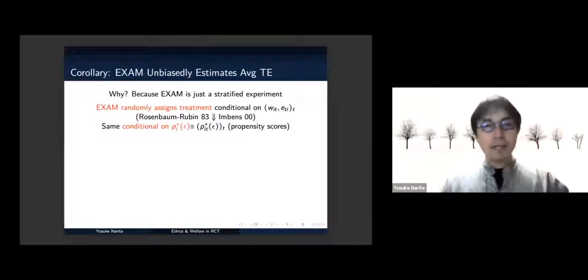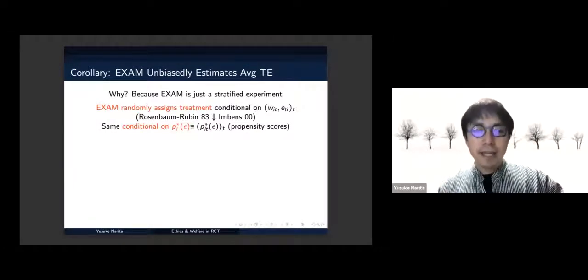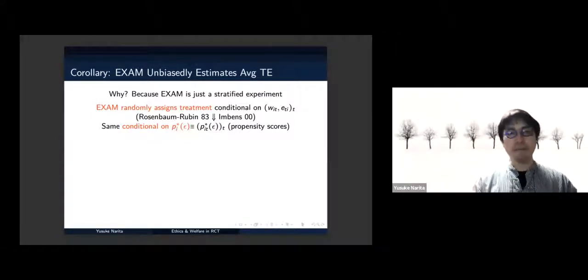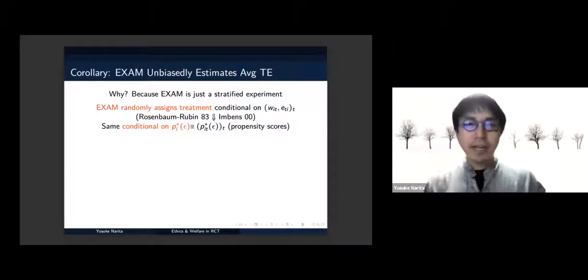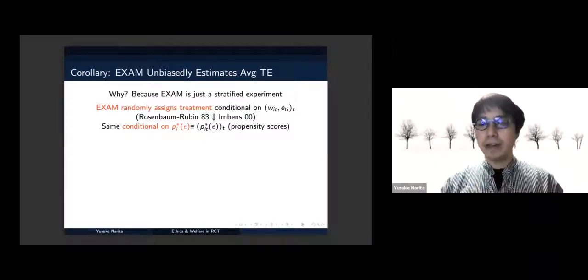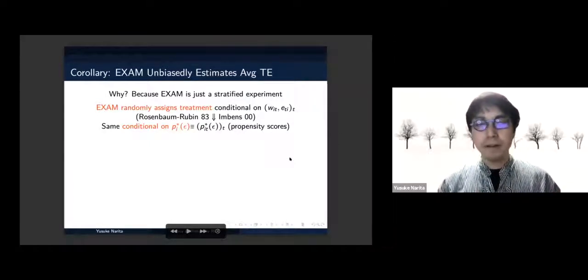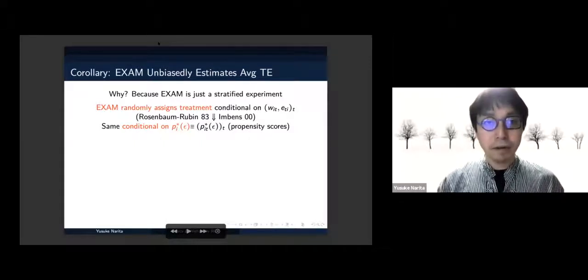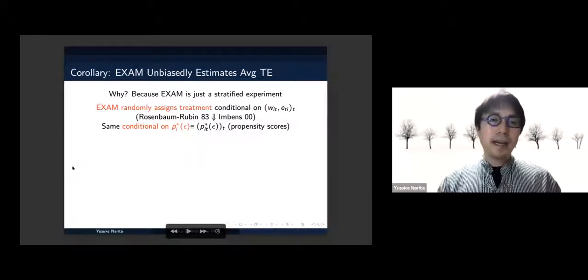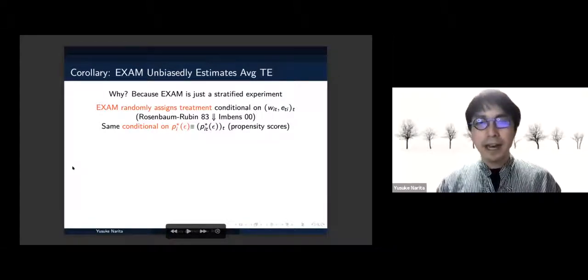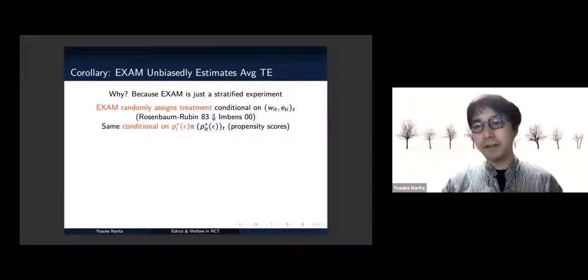The simplest possible answer is that at the end of the day, EXAM is just a particular stratified experiment, stratified on observable characteristics, especially the willingness to pay W and the predicted effect E. So in EXAM, treatment assignment is not based on a coin toss, but rather based on some utility maximization problem. But imagine that, say, I and Max share the same values of willingness to pay W and the predicted effect E.